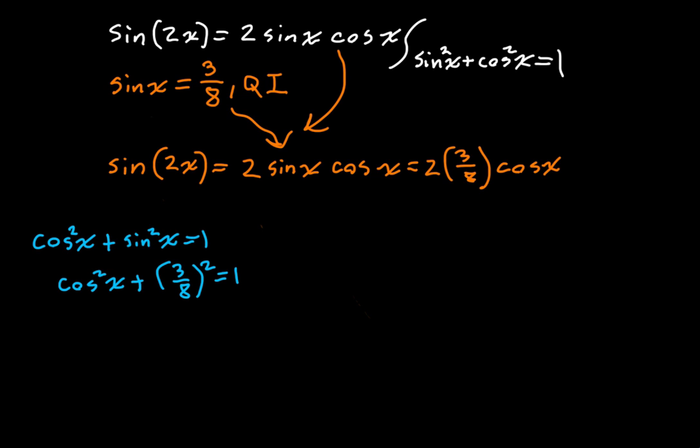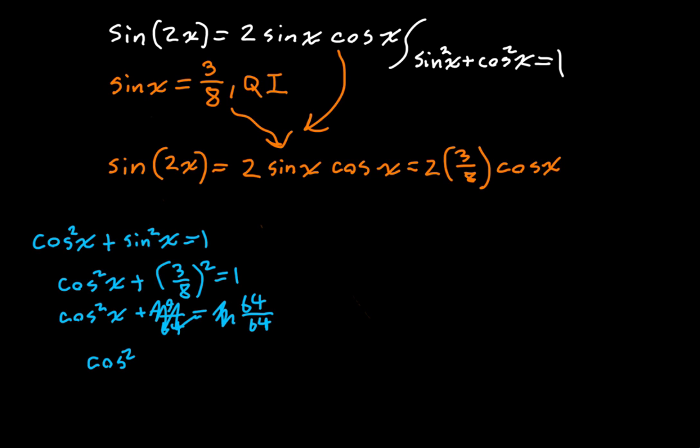Let's simplify this a little bit. Cosine squared of x plus 9/64 is equal to 1. But I'm not going to write this as 1. I'm going to write this as 64/64 so that we have some easier simplification in the future. Then I'm going to subtract 9/64 from both sides.